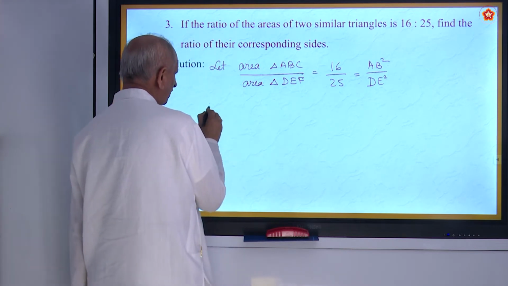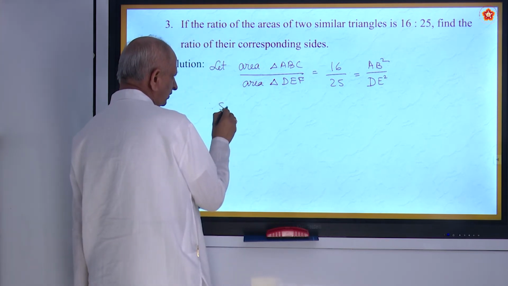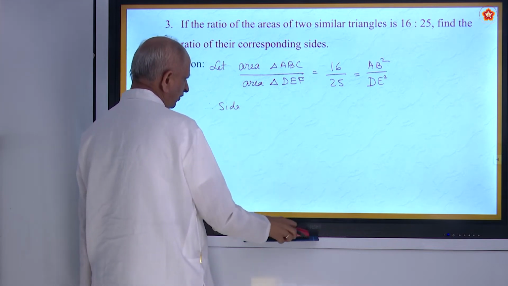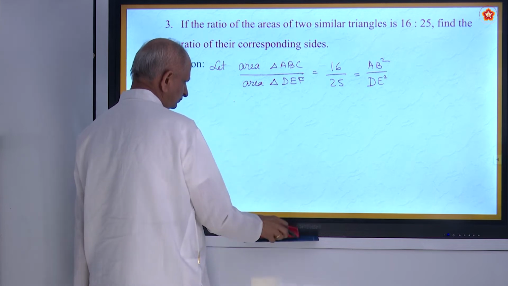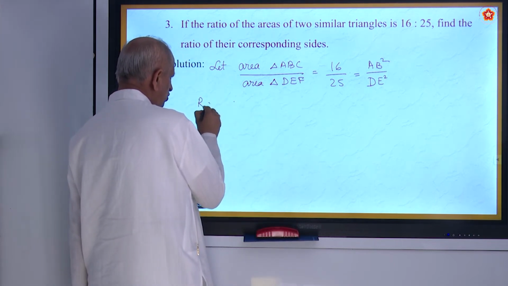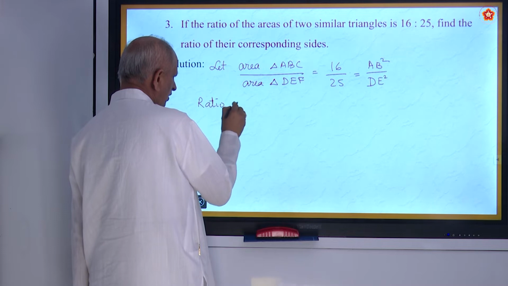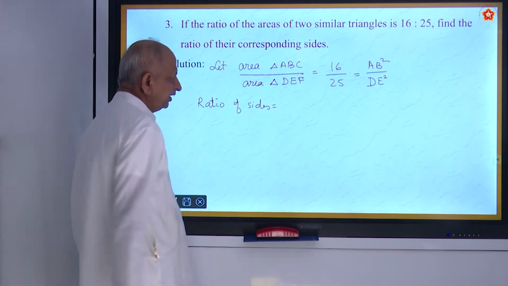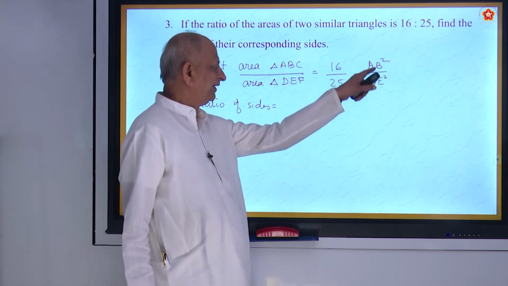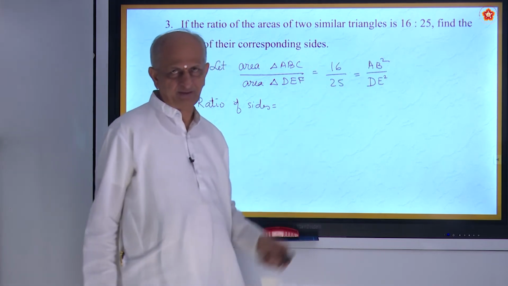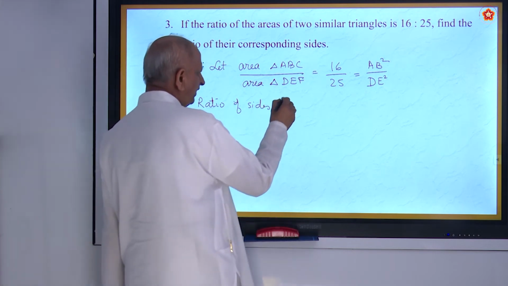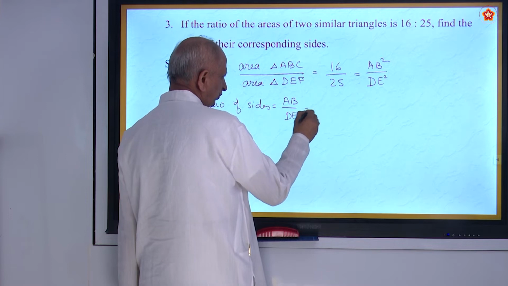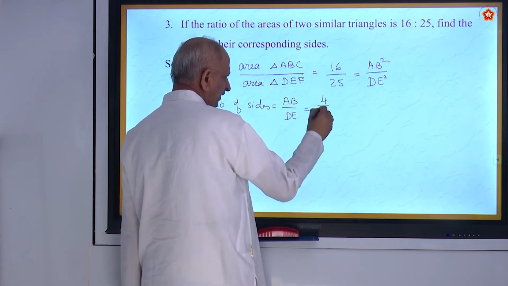So therefore, ratio of sides is equal to, see, AB square by DE square is 16 by 25. AB by DE is equal to square root of this, 4 by 5.